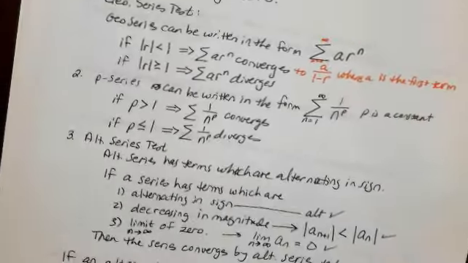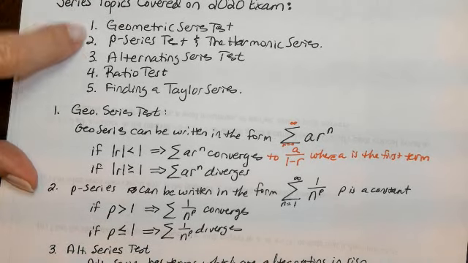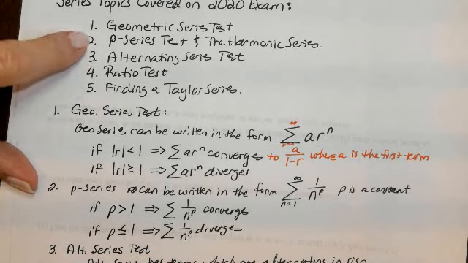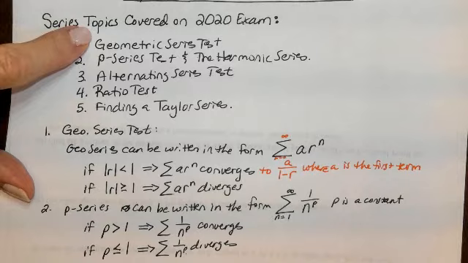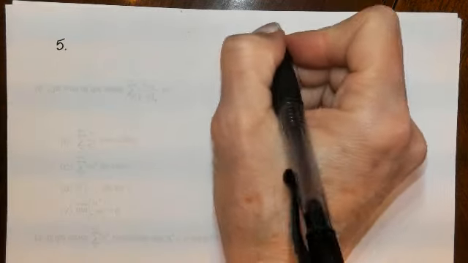One last thing. So that was a quick review on the 4 convergence and divergence tests that will be covered on this 2020 exam. Let's go ahead and do a real quick overview of Taylor series. I'm just going to give you how to find that. So this is number 5 on there.